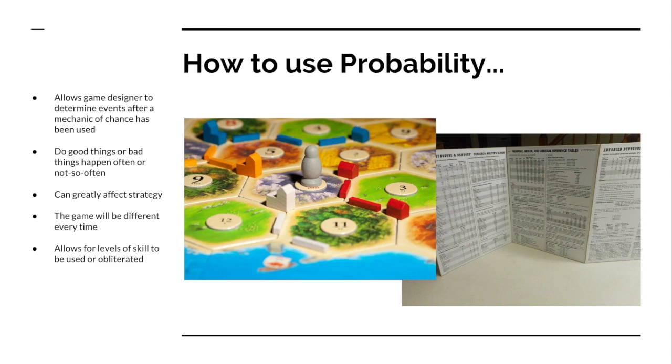The picture to the right of that is a Dungeon Master's screen for Dungeons and Dragons, and there are some probability tables and other tables in there. So say a player wants to do something in the game, say they want to try to pick the lock on a door. On that table, there is a spreadsheet that lays out what happens if the player is level 1 and the door is particularly hard to pick.